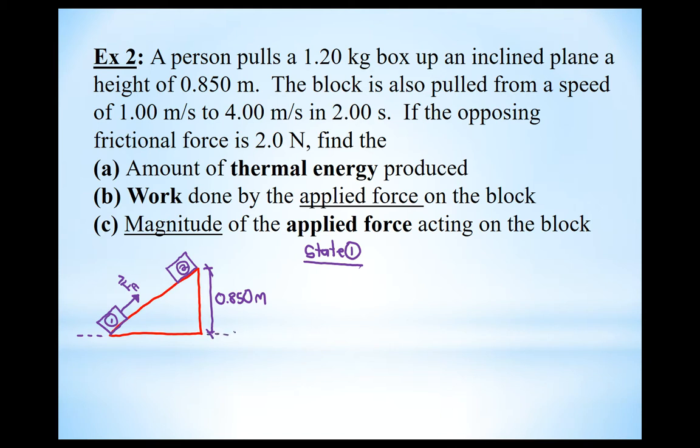It's the lowest point you can go, so your reference axis would be where your height is 0. So at state 1, your height 1 is 0. And at state 1, it also tells me my speed, which is V1, is 1.00 meters per second.